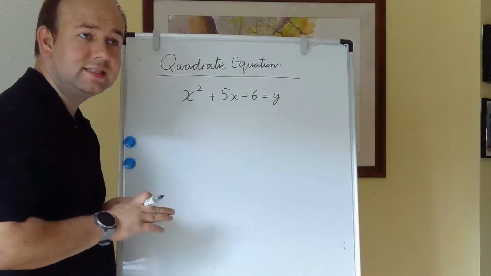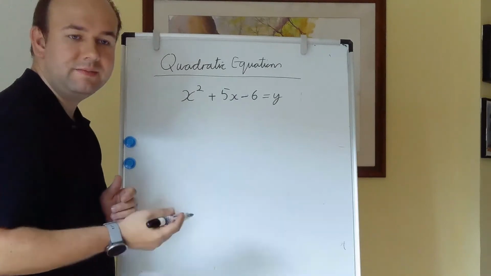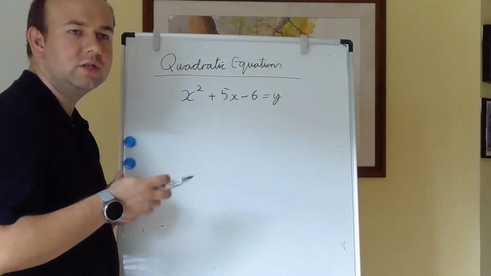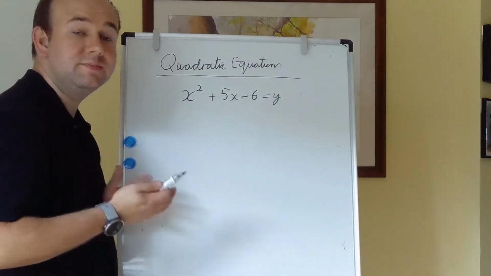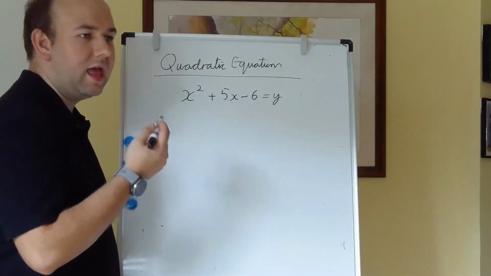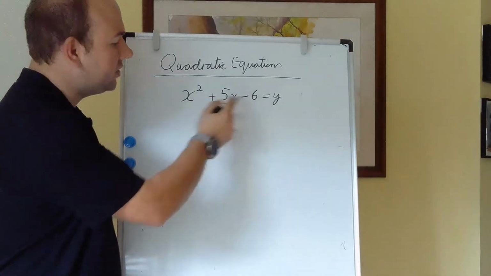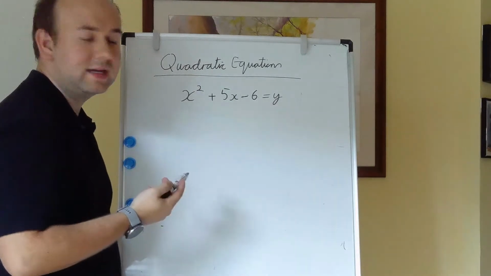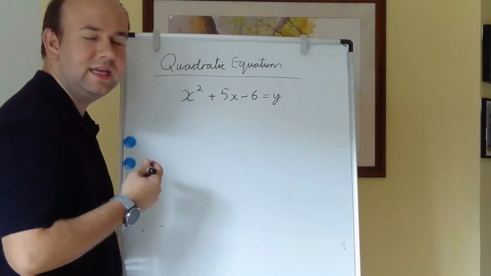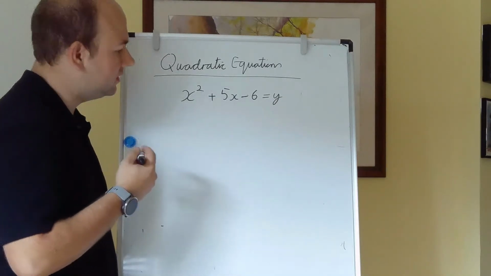So this, in principle, is the simplest, but it's also the least efficient and also the least good, I suppose, is the best way to say this. This is because as these coefficients become more complex, the trial and error approach doesn't always give the exact solutions.